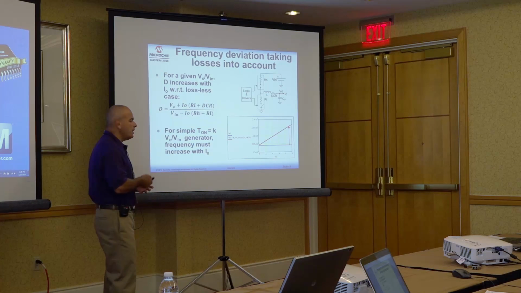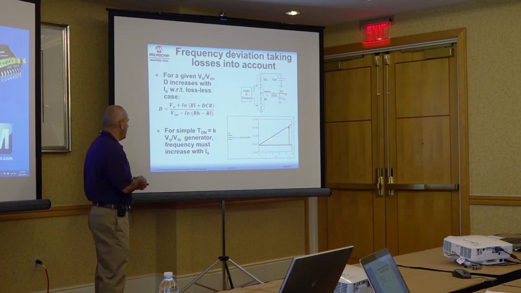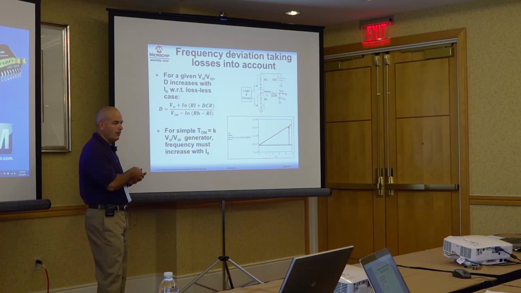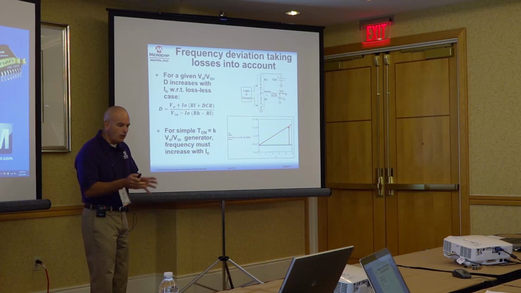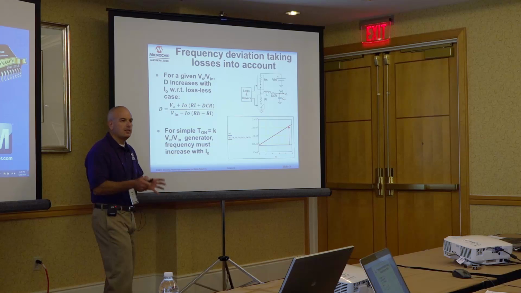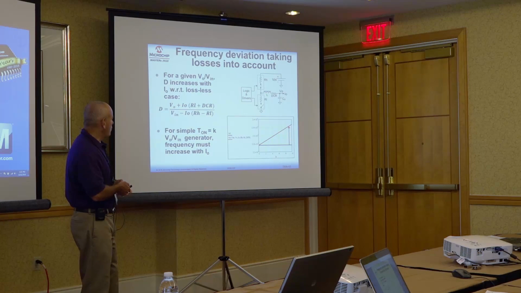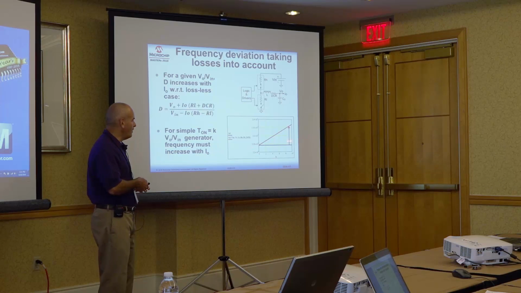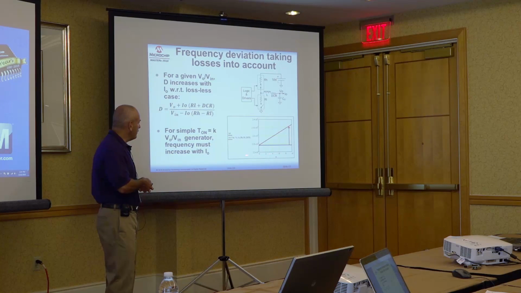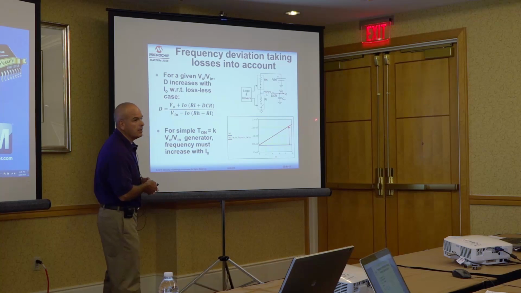So if we keep generating our on-time with a simplified model V out over V in, what happens is that we are delivering an on-time which is less than is needed to keep up the duty cycle. So the end result is that instead of having the frequency curve flat over the load current, the frequency tends to increase as the load current increases.